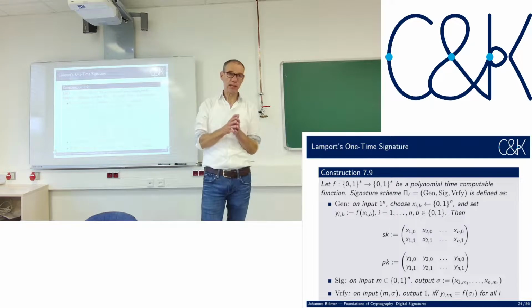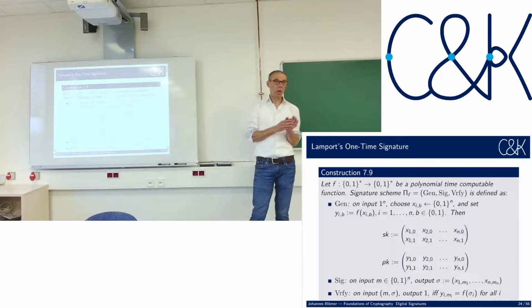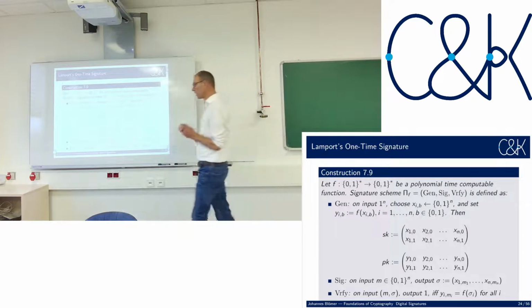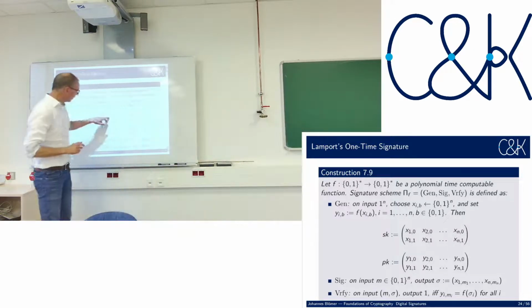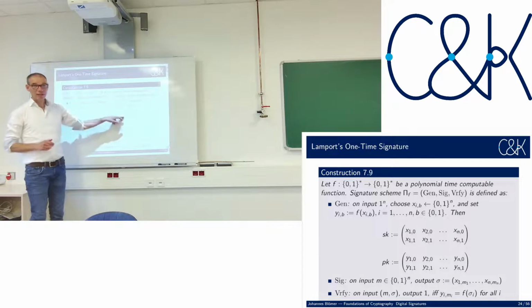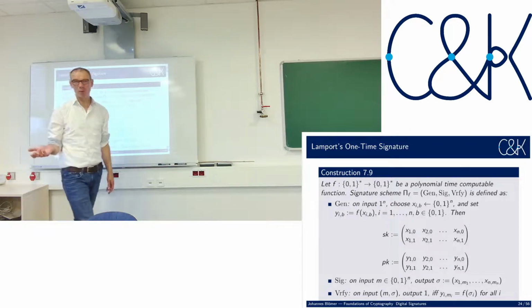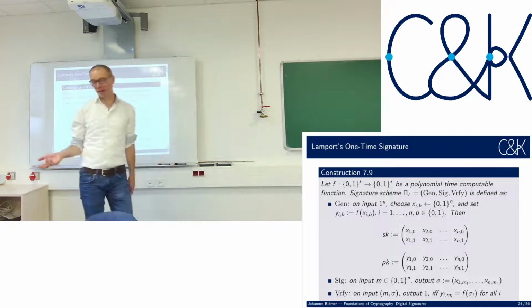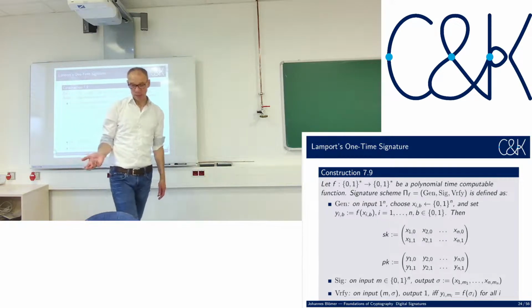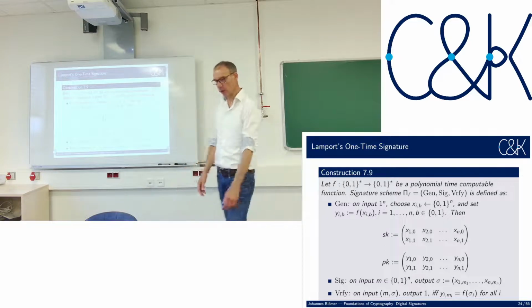And in any case, you get a one-time signature where the message length that you can sign is less than the key length. You can see that immediately here, the message length that you can sign is defined by the number of columns here. But since you have two rows in the secret key, with the same number of columns, the keys are always longer than the messages that you can sign. And that restricts these one-time signatures quite a bit.